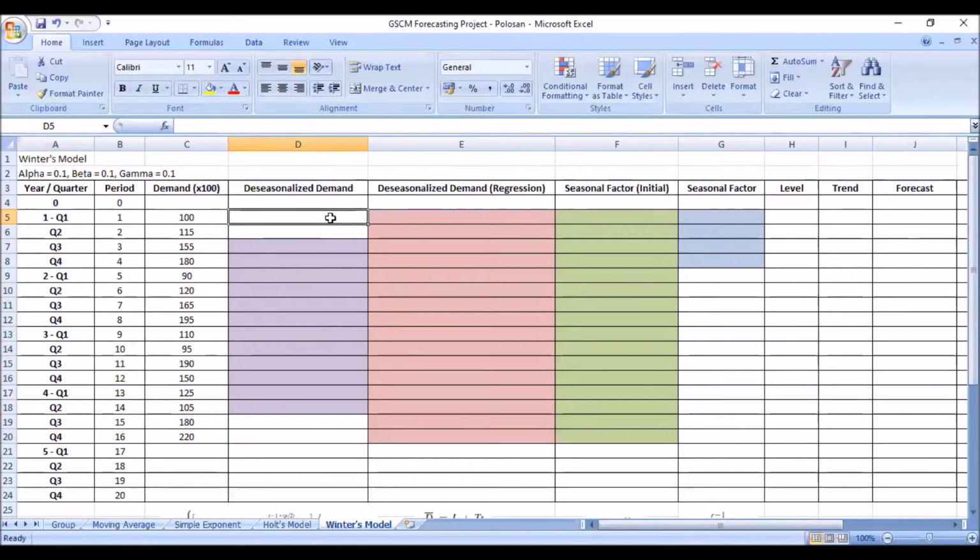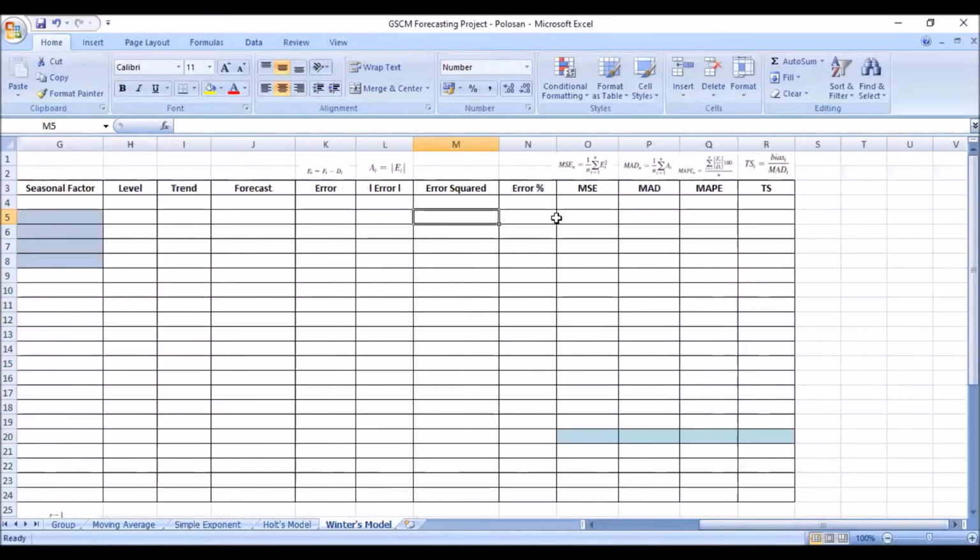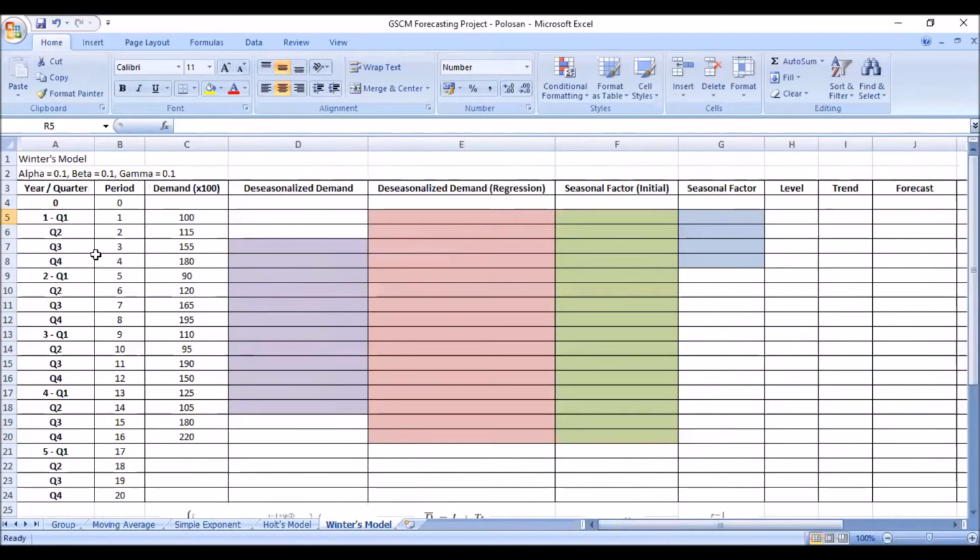If we only use Q1, Q2, Q3, and Q4, we can't calculate anything from the seasonal demand, level, and trend, until the error calculation, which is quite fatal. So don't use Q1, Q2, Q3, and Q4, but use the period numbers, because Excel only accepts numerical numbers for the calculation formula instead of sentences.